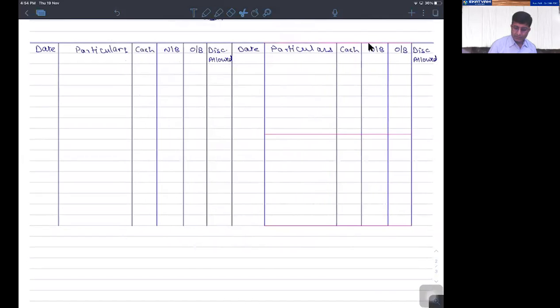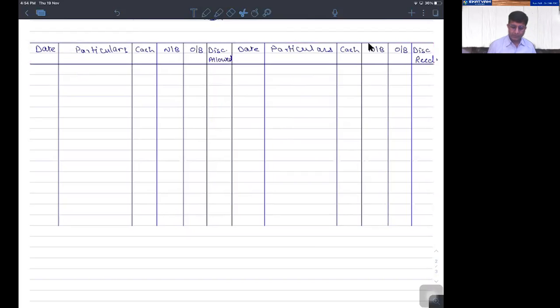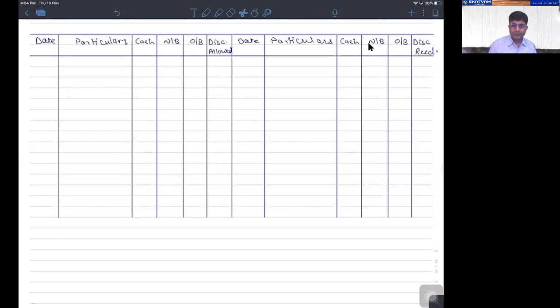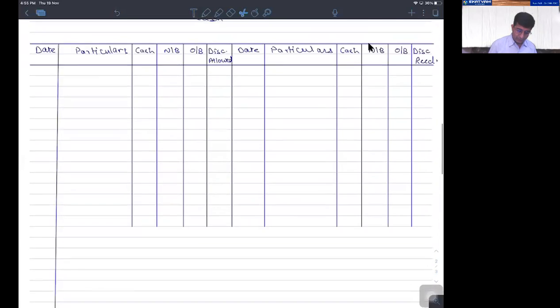Duplicate and draw. Received. Correct. So yeah, my cash book is ready. Are you people also ready?